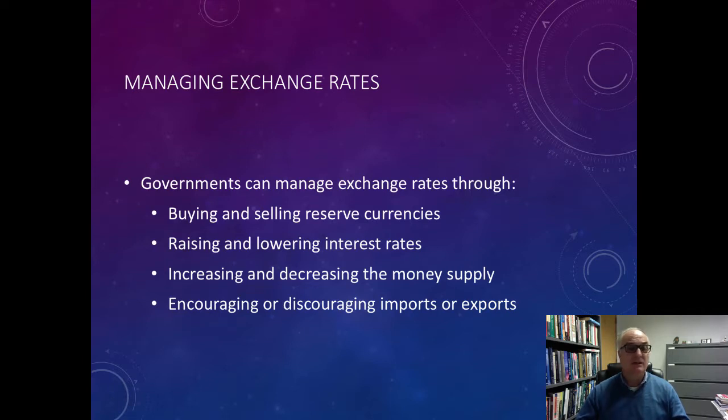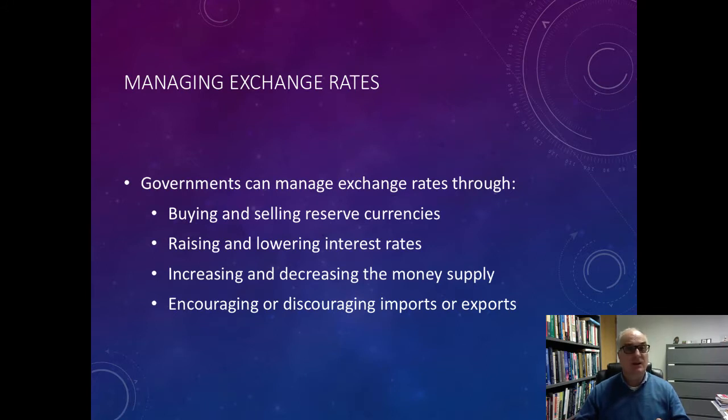Whereas if your currency strengthens, then your own goods become more expensive to other people. They will buy fewer of your goods, and your exports will decrease. So the exchange rates are an important balancing factor in keeping imports and exports from going out of control.